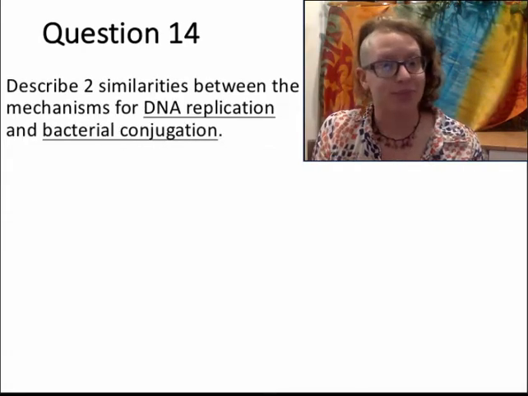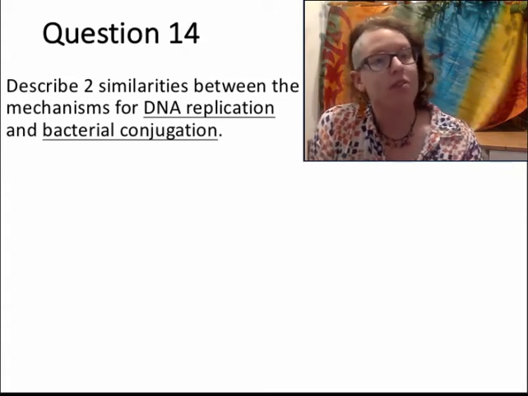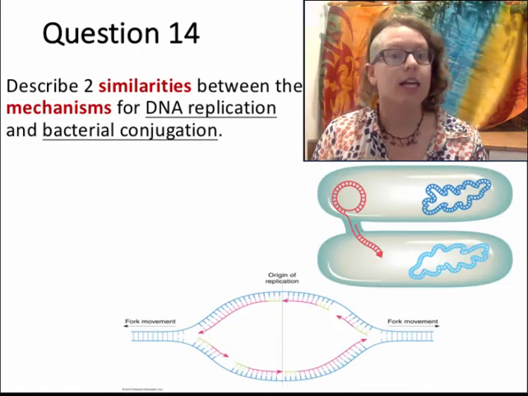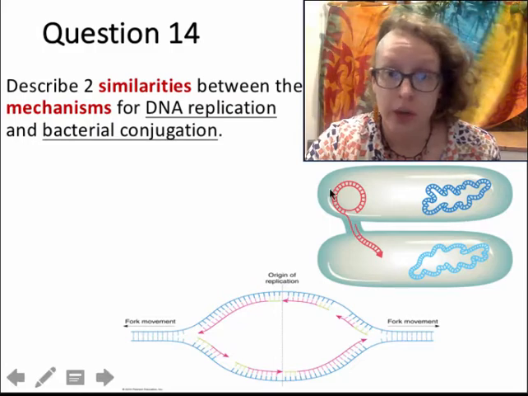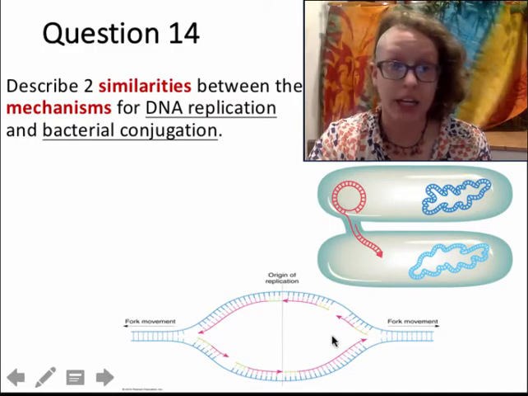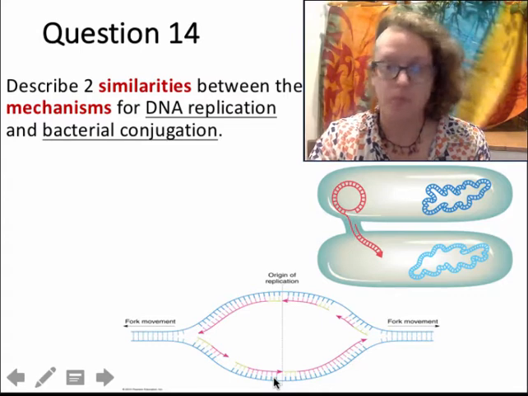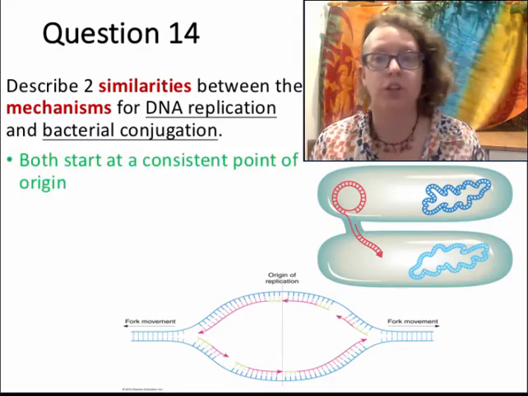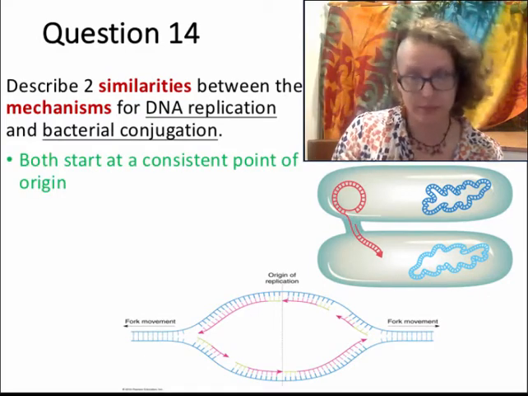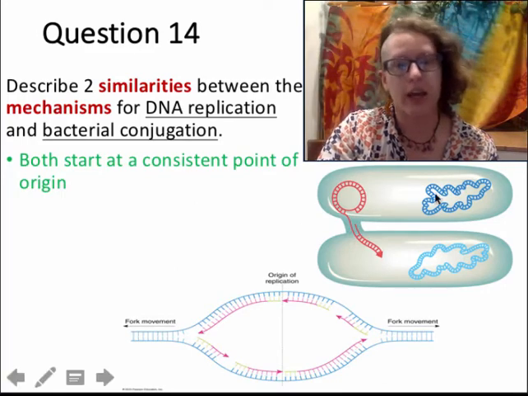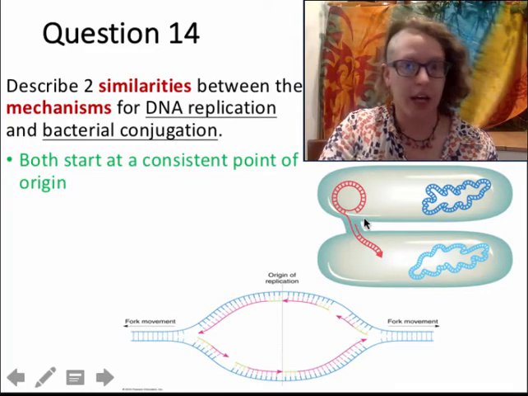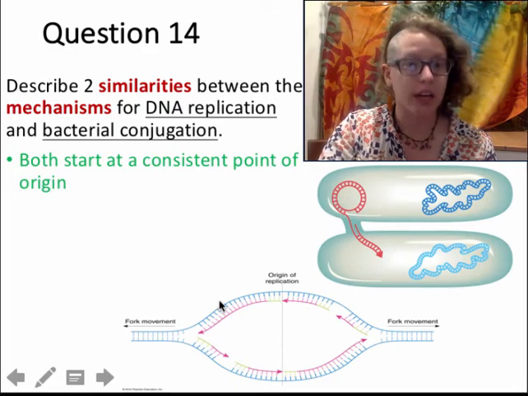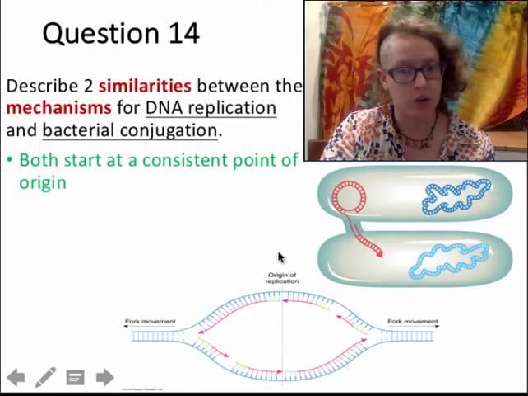All right, question 14. Describe two similarities between the mechanisms for DNA replication and bacterial conjugation. Okay, so similarities, mechanisms. Here is our conjugation image, and here is our replication image. Right off the bat, both have consistent points of origin. We've got a point of origin, an oriT, here, and in prokaryotic replication, you also have an origin of replication.